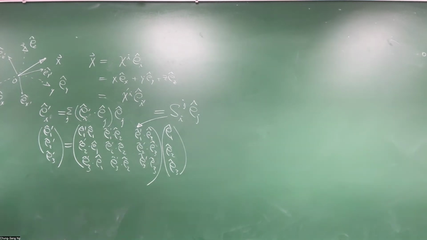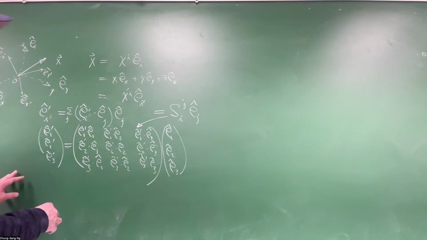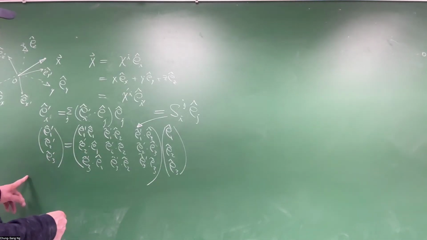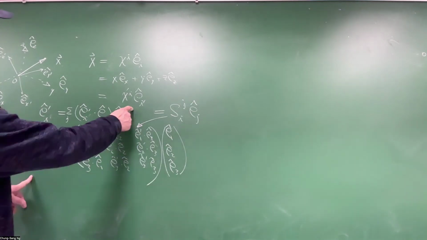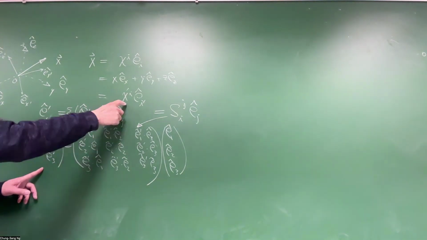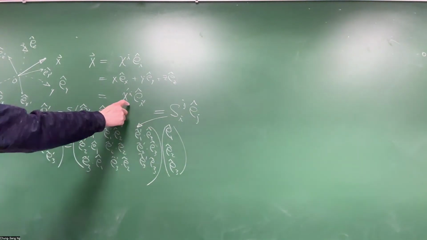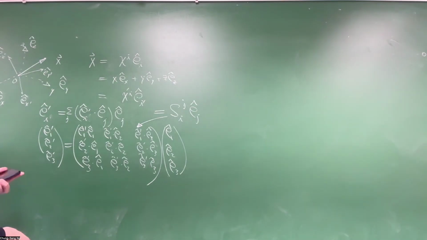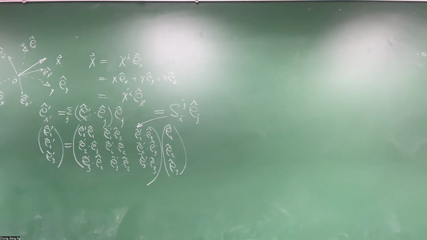Okay, and now the next thing you can do, once you have the transformation of the unit vector, is follow the same rule and transform the coordinate also, right?